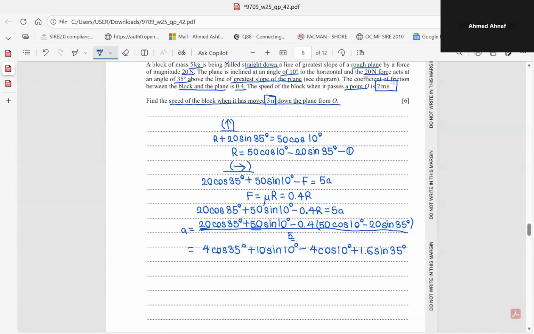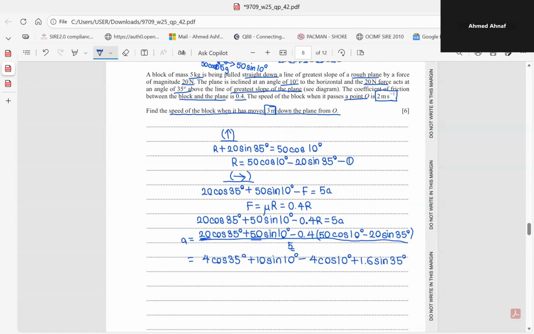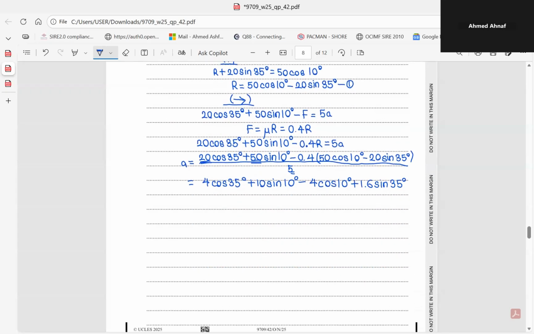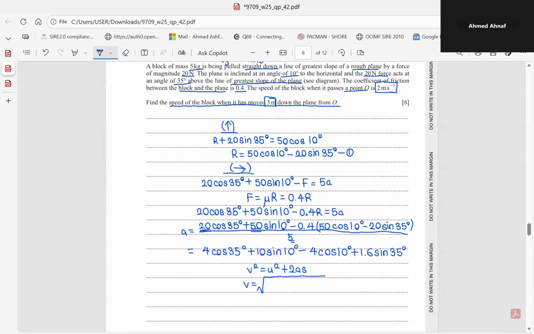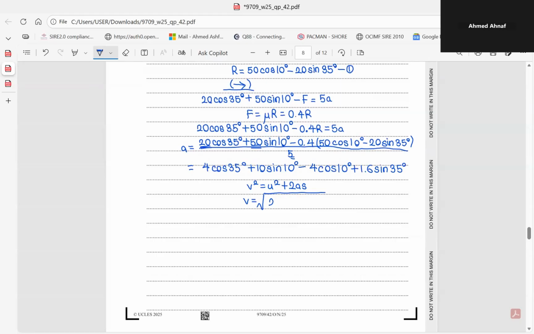We'll keep this exact value because we want to find the speed of the block, which we need the acceleration for. So since the acceleration is constant, we can use this formula, which we used in the previous question. It's also in the MF19, v squared equals u squared plus 2as. So v is going to be the square root of u squared, so u squared is 2 squared, plus 2a.